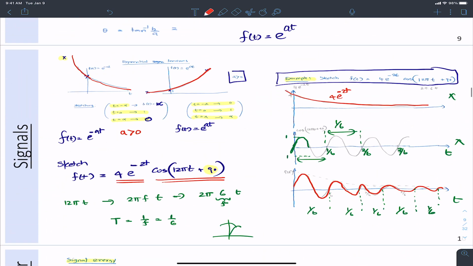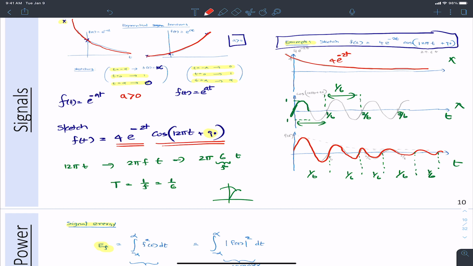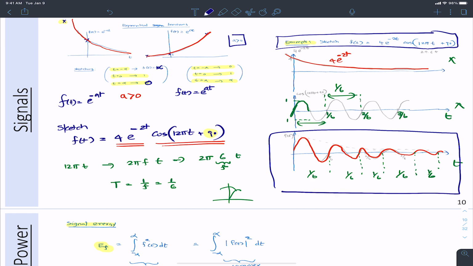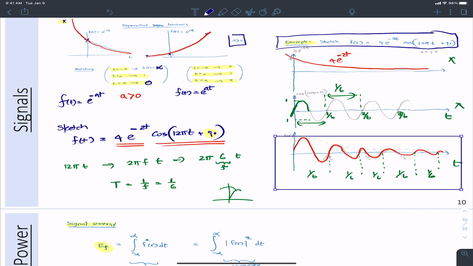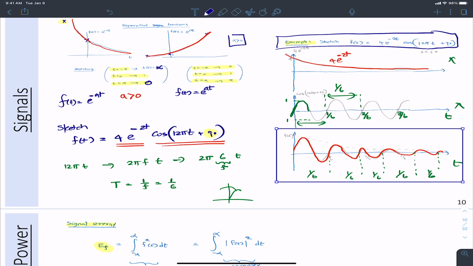To contrast this, now if you look at this signal, it is not periodic. I mean, yes, I said that it has a period, but the signal is not identical in each period. The amplitude of the signal dies with time.